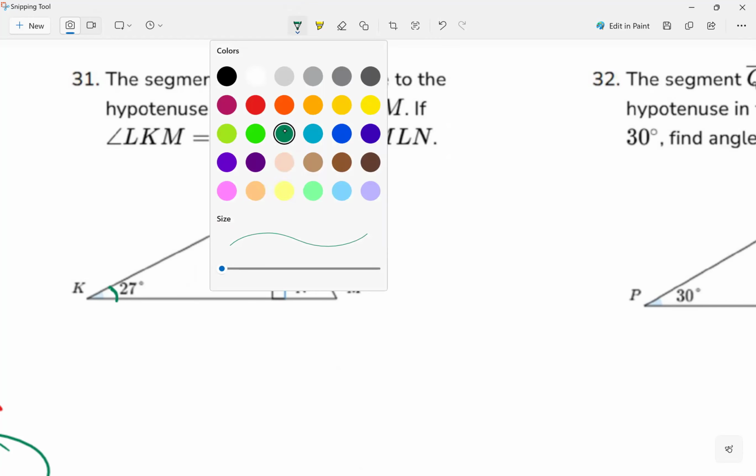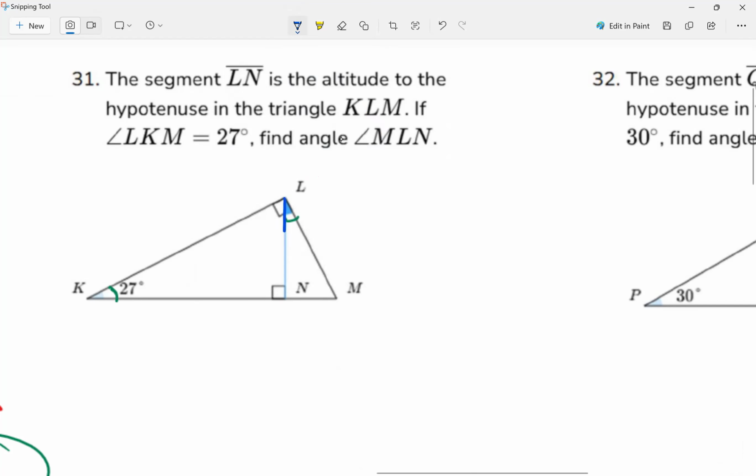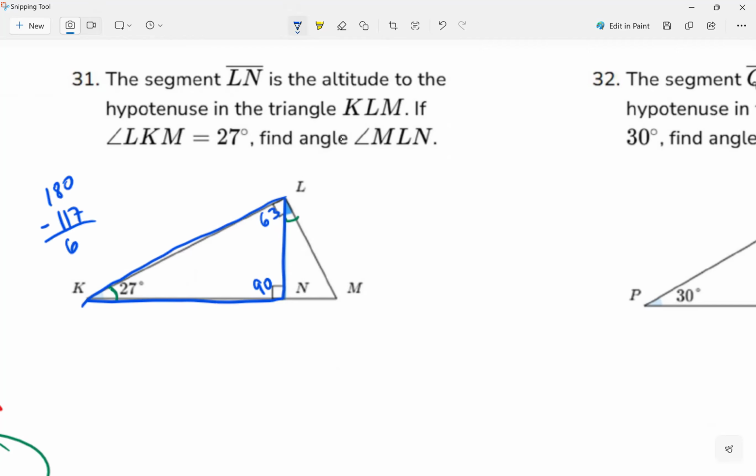Let me highlight it in blue. I see 27, I see 90, and I'm going to call this third angle 63. Right? Because I added the two angles that I knew, 90 and 27. That's 117. I subtracted from 180. That gave me 63. Okay, so I found that angle.